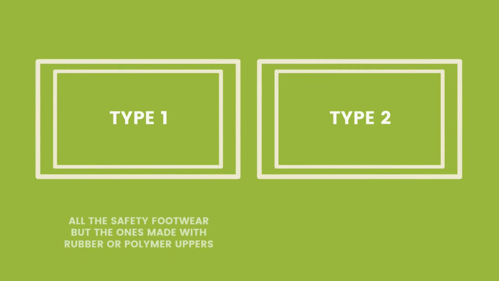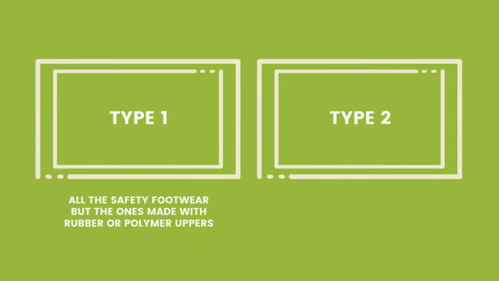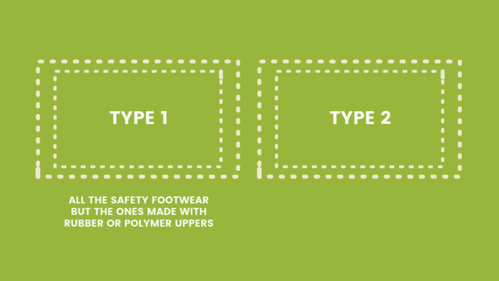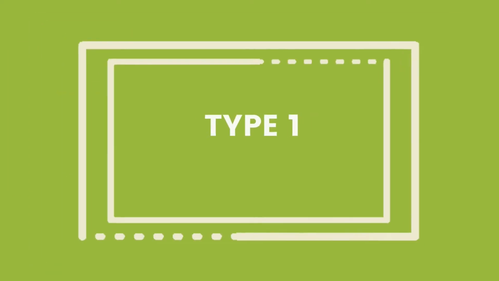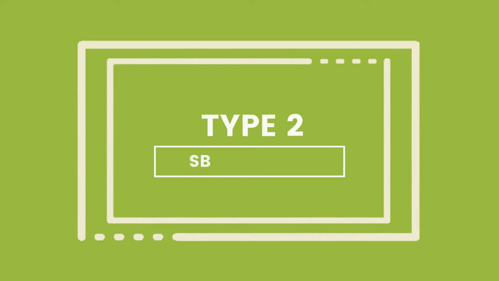The first one includes all the safety footwear, but made with rubber uppers or polymer uppers. The second type includes only footwear made completely with rubber or polymers. The first type of footwear has four codes: SP, S1, S2, and S3. The second type has two codes besides the SP. Those are the S4 and the S5.